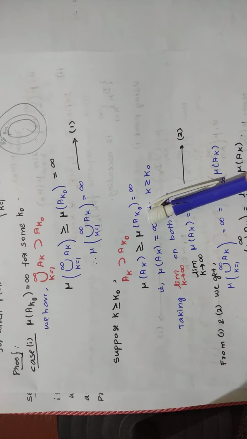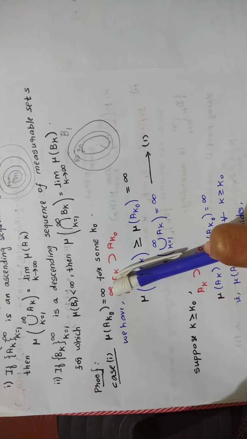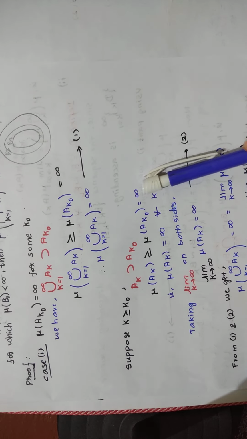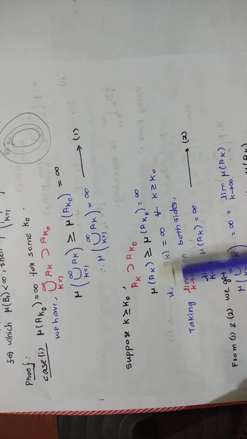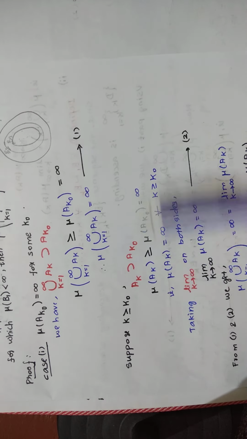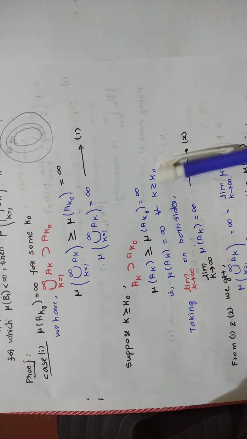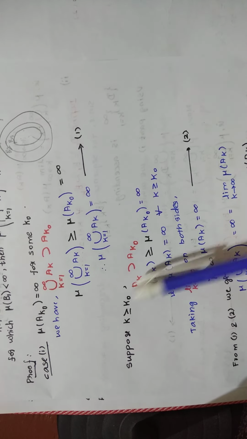You have taken that mu of A_k0 is not equal to infinity, so just write that. You have to write this, and then from this line, comparing these two, you can write this for all k greater than or equal to k0.